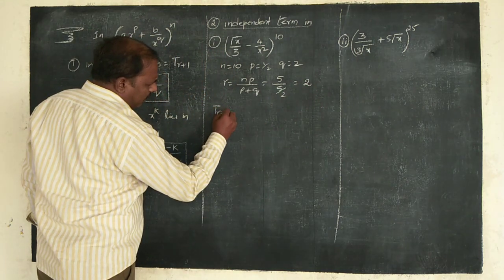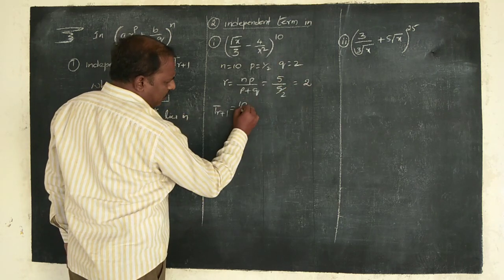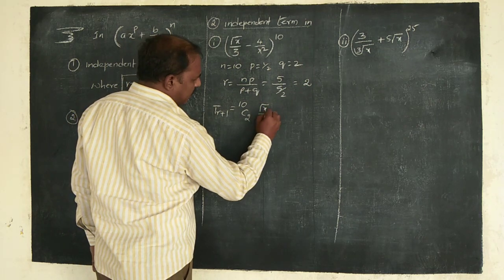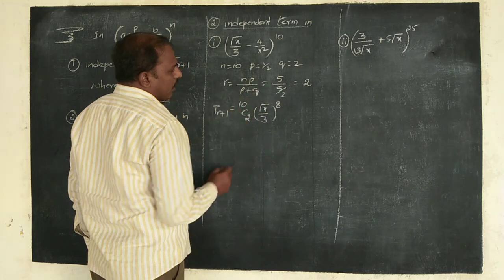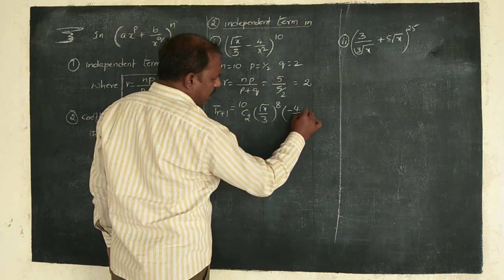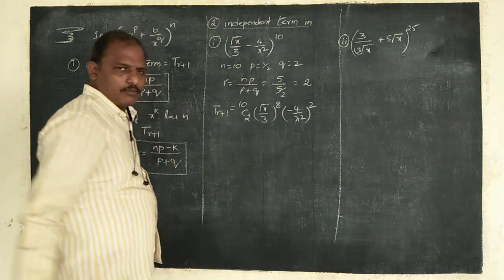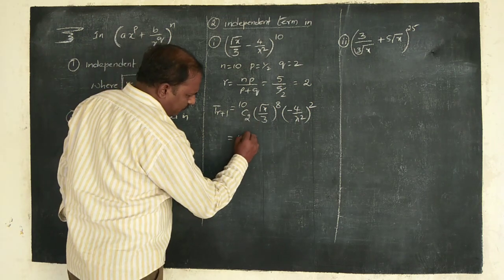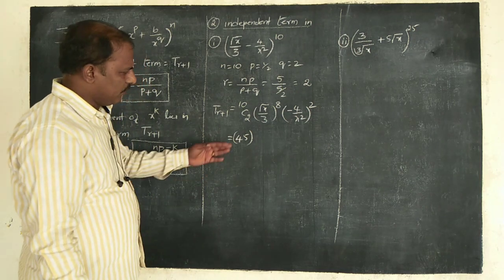Tr plus 1 is nothing but nCr, x to the power of, that is root x by 3 whole to the power of n minus r, into a to the power of r, minus 4 by x square whole to the power of r is 2. 10C2 is 45. 10 into 9 by 2 into 1, 45.